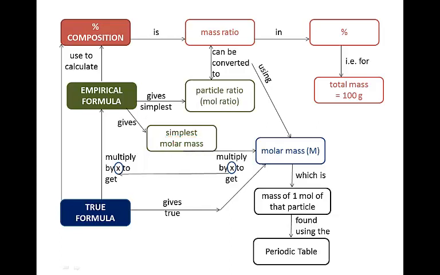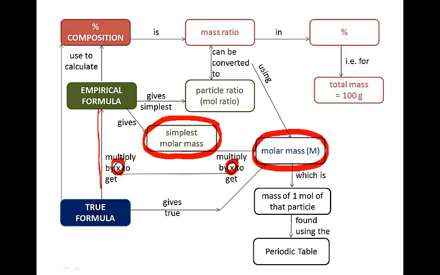So sometimes you find a difference between the molar mass that this empirical formula gives you and the true molar mass. And when there is such a difference, you must find the factor, let's call it X, by which they differ. How many times the true molar mass is greater than the simplest molar mass. And then adjust the empirical formula by that factor to get the true formula.